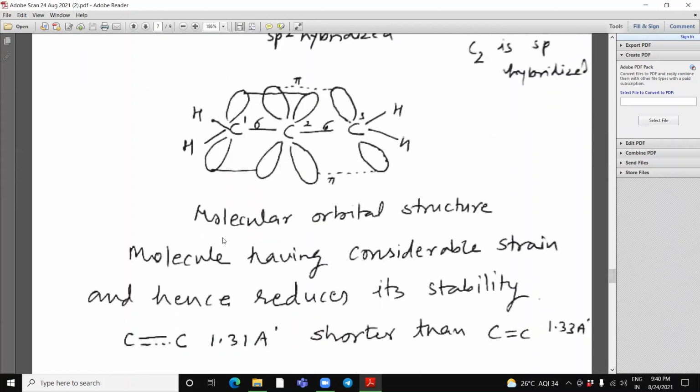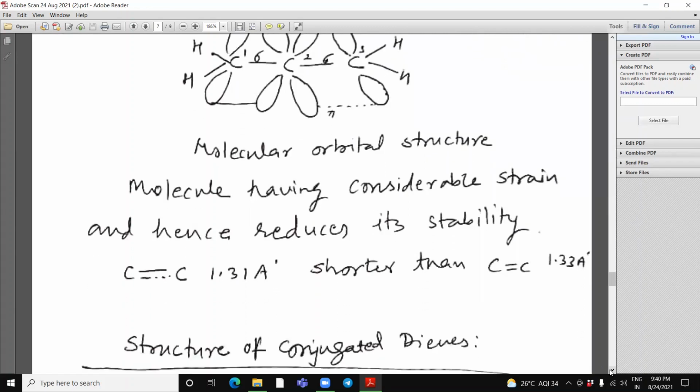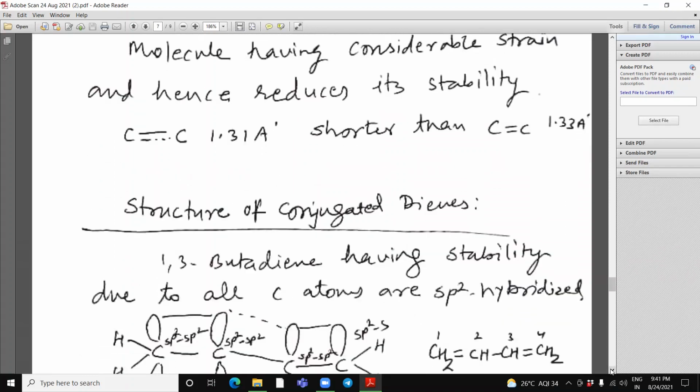Molecular orbital structure. The molecule has considerable strain and hence reduced stability. Here, this double bond is 1.31 angstrom, shorter than the normal carbon-carbon double bond, 1.33 angstrom.